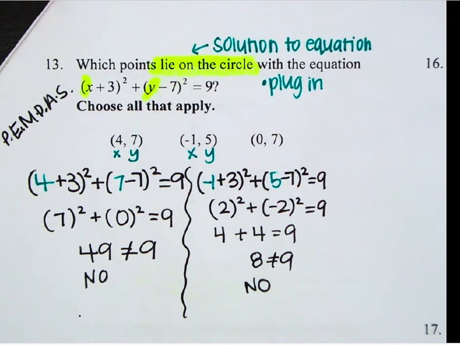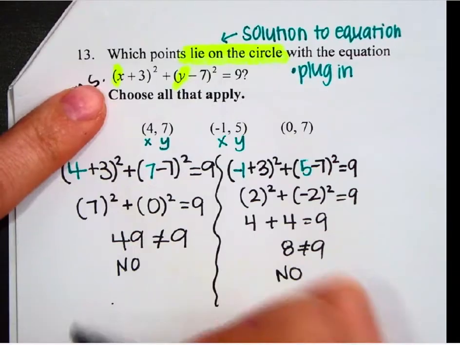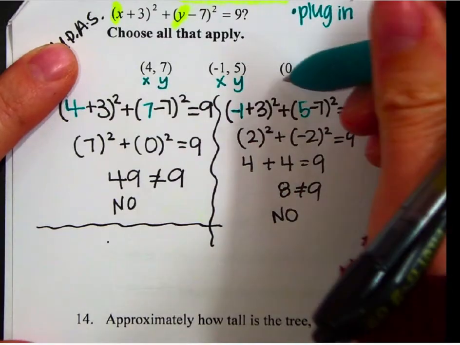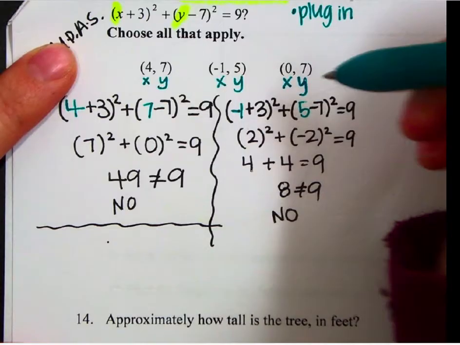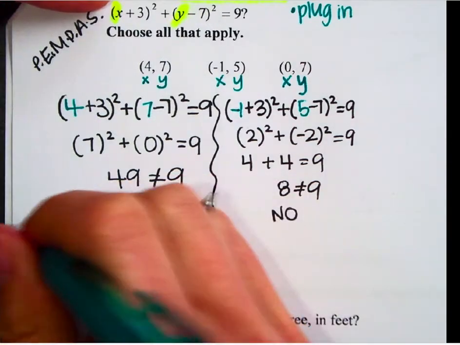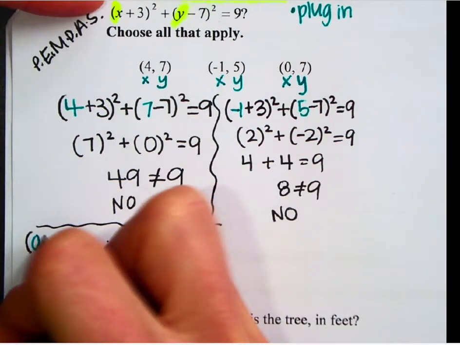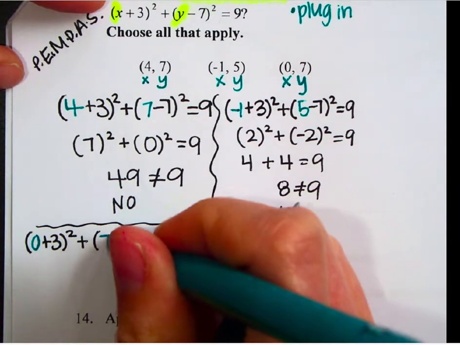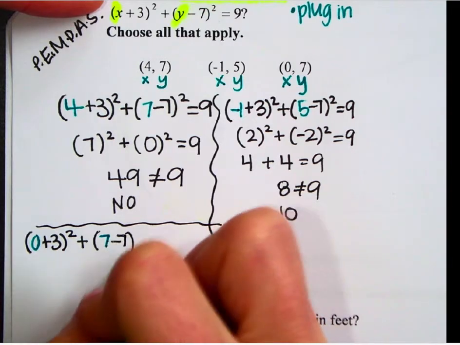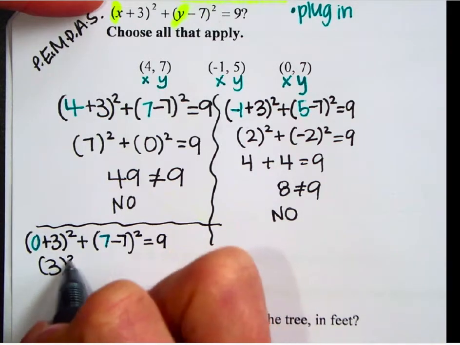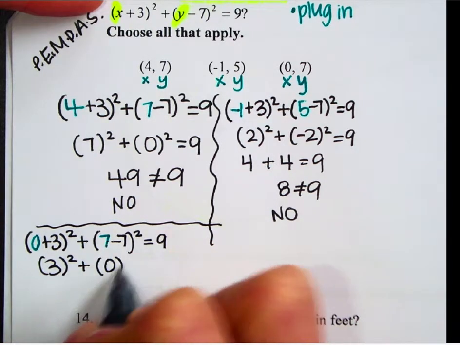So the last one we're going to plug in is 0, 7. So when I plug in 0 for x and 7 for y right here to this equation, we have 0 plus 3 squared, and then 7 minus 7 squared is equal to 9. 0 plus 3 is 3. 7 minus 7 is 0.